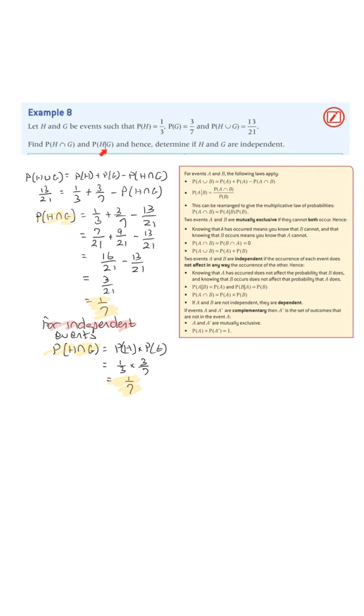Now let's have a look at the probability of H given G. We're going to use this formula here, which is on the previous page. I know it's a bit hard to see here, but you'll be able to look at it on the previous page to this example.